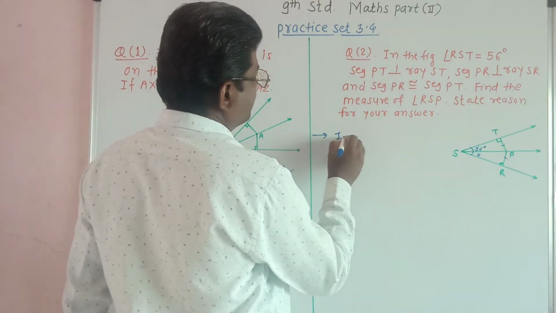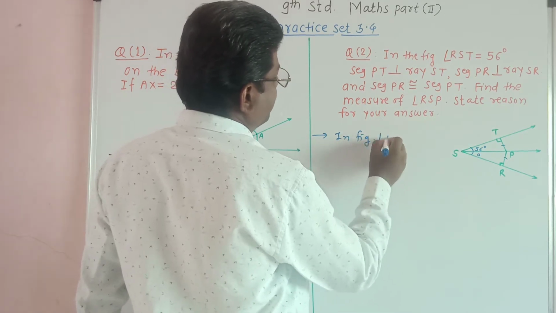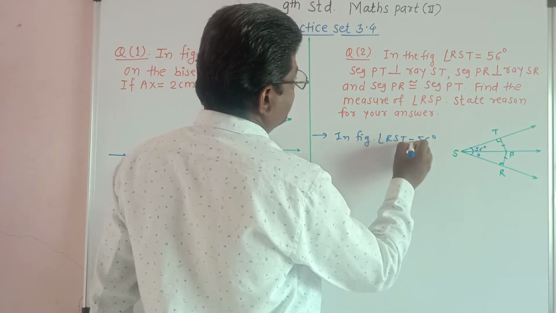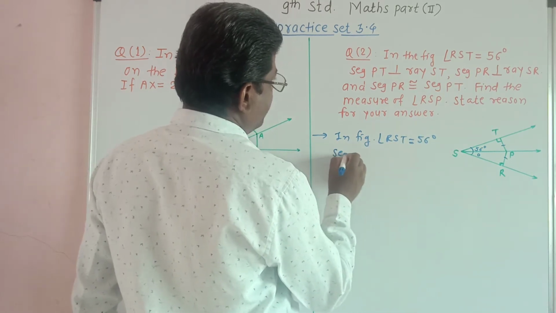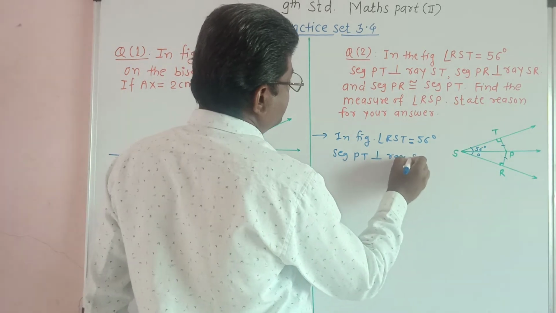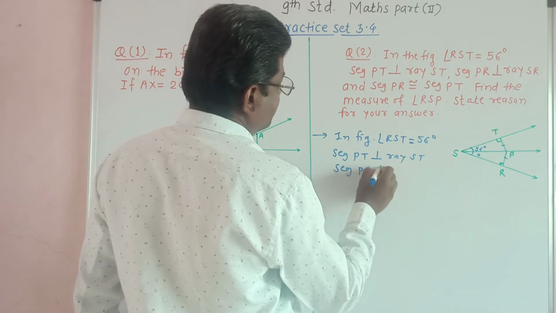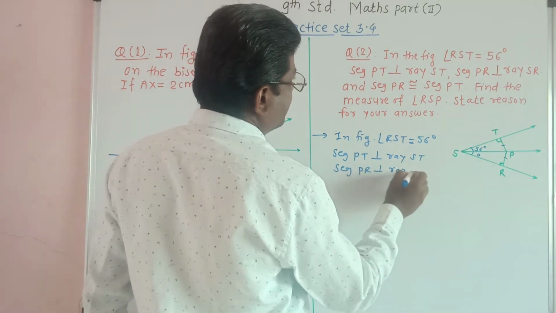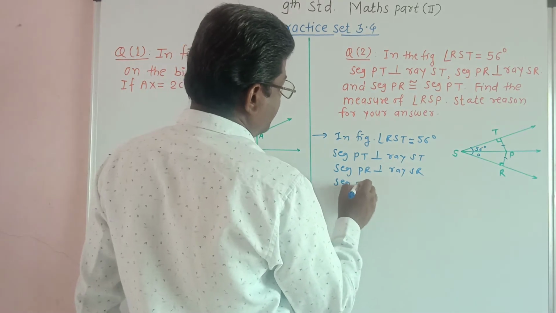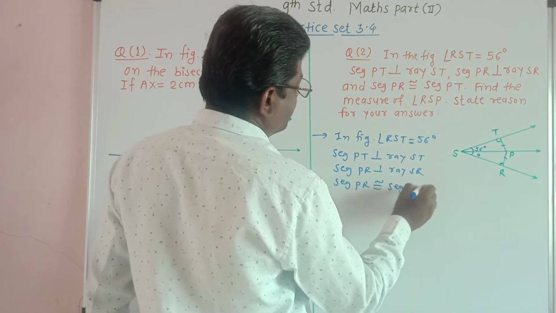Now, in the figure, angle RST is equal to 56 degrees. Segment PT is perpendicular to ray ST. Segment PR is perpendicular to ray SR. Segment PR is congruent to segment PT.